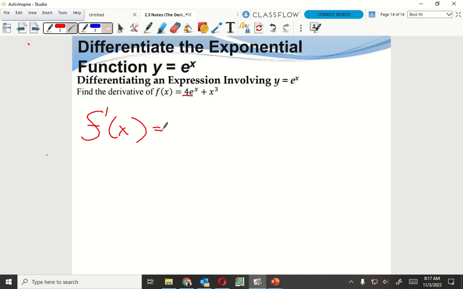Yep. Plus what? 3x squared. Is that crazy? It is what it is. Make sense? Good.